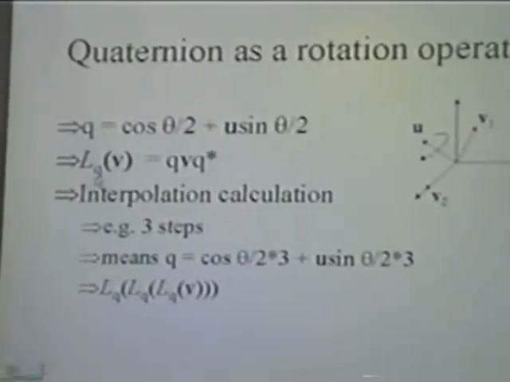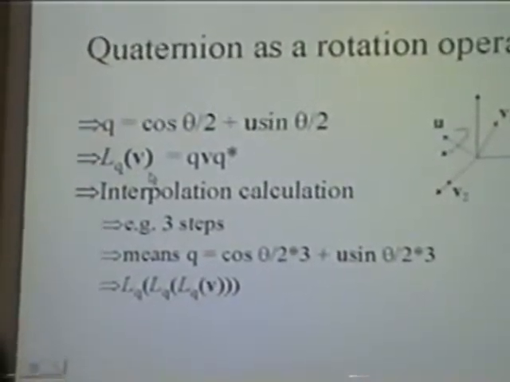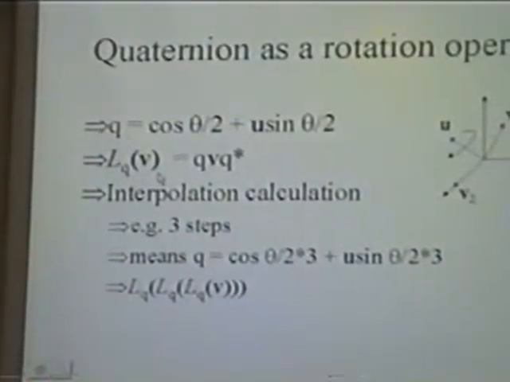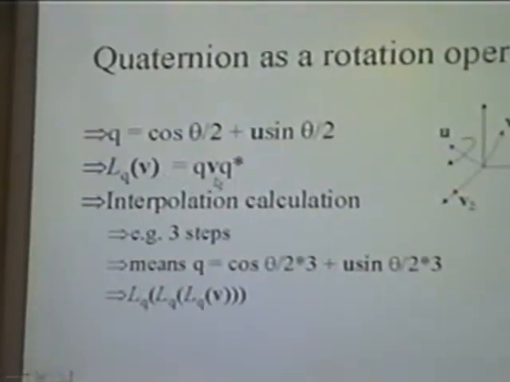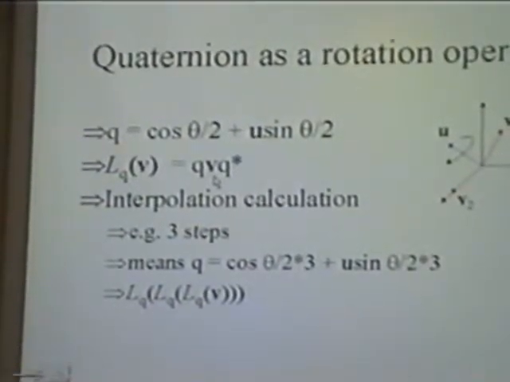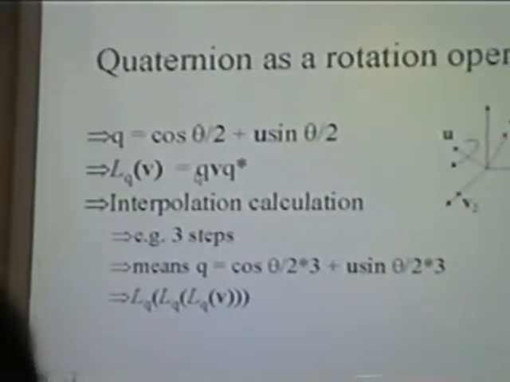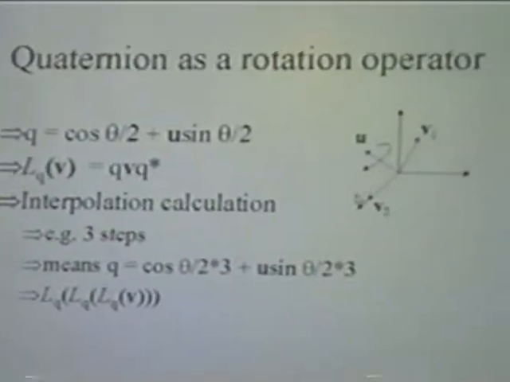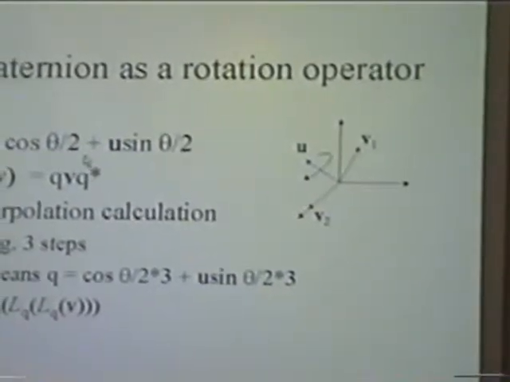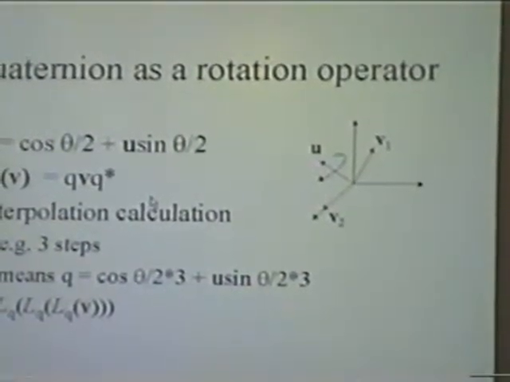And we take this L sub q of b function, which takes a vector in R3, which we're going to refer to as a pure quaternion, so that we can multiply it by the quaternions. And we have to be careful of ordering this because multiplication is not commutative. So if we take Q B Q star, Q basically equates to rotation about the axis and the angle defined in Q. So we're set.